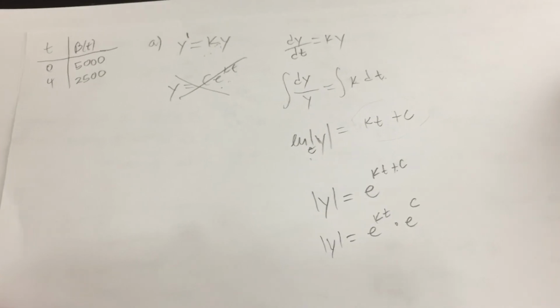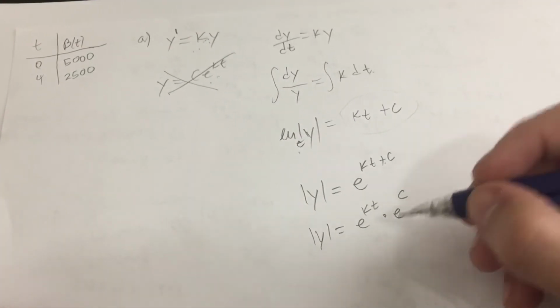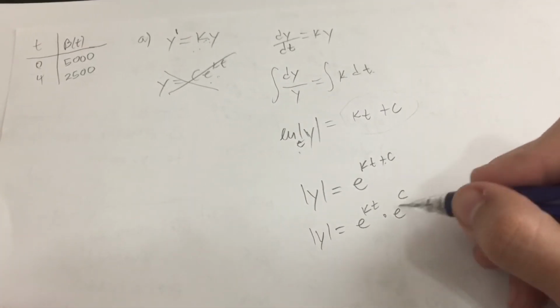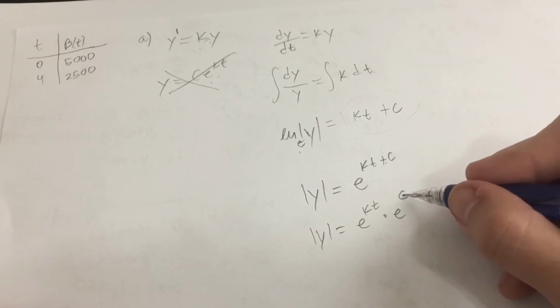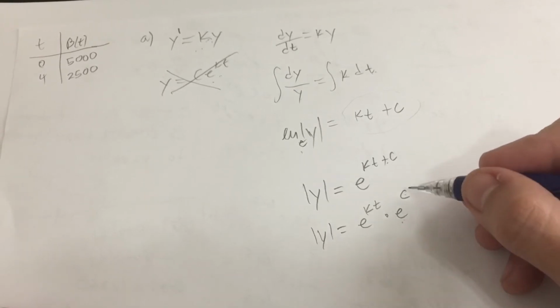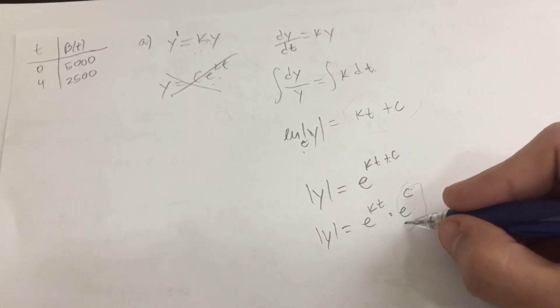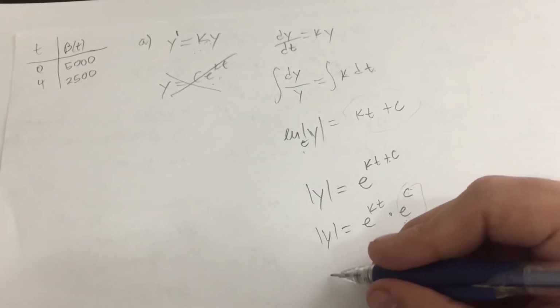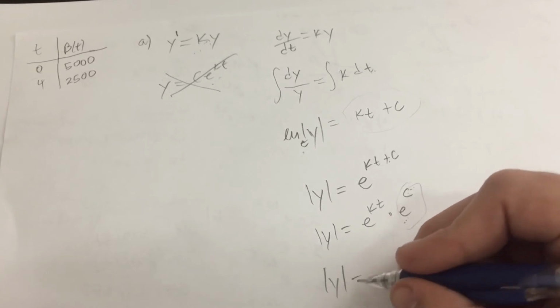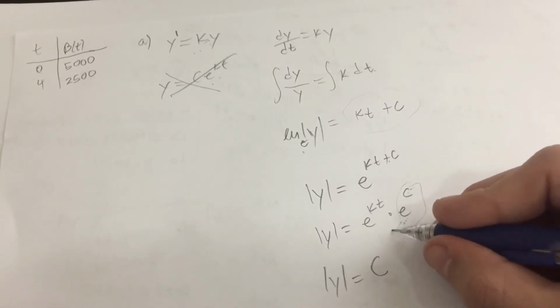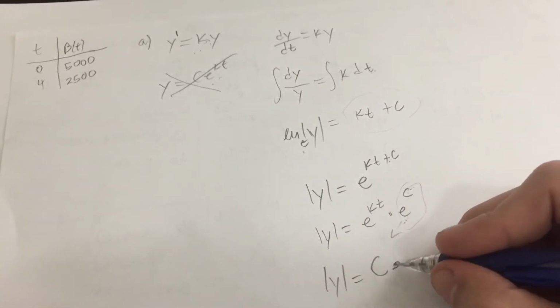And here's a crucial point in this method: because e is not a variable and c is not a variable, this is a constant, and that's a constant. We have a constant raised to another constant. What do we get in return? We get another constant. This constant, I'm going to call it capital C now, and move it to the front as the coefficient. So we're left with C times e to the kt.